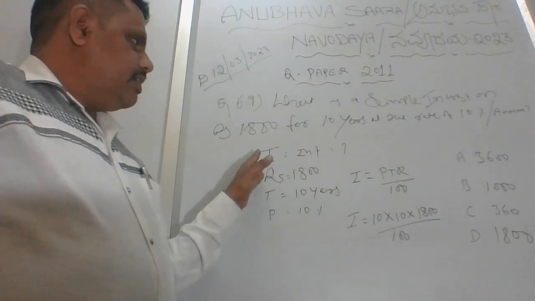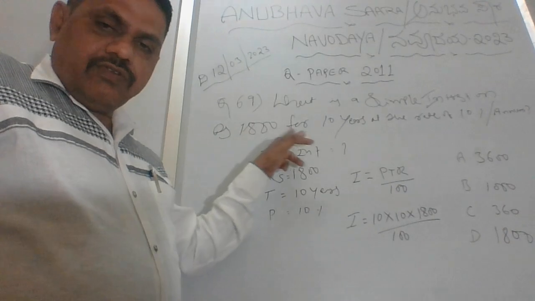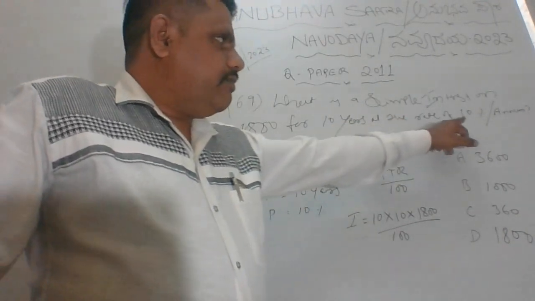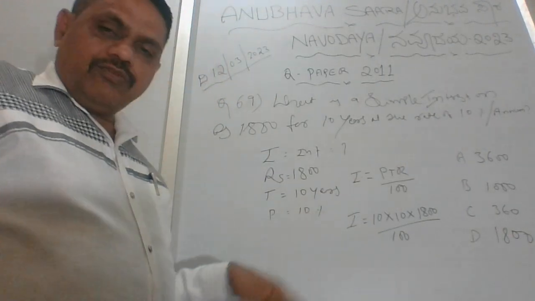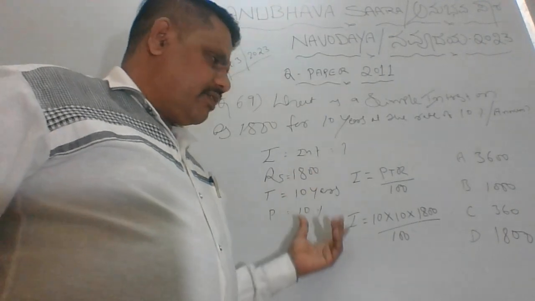I'll repeat once before proceeding. I is nothing but the simple interest. Rupees 1800 for 10 years is the tenure, at the rate of 10% interest per annum, that means per year. That's why we have written it here.